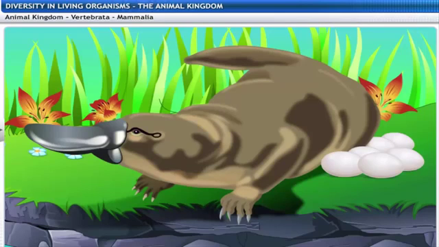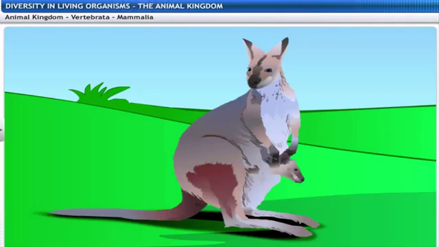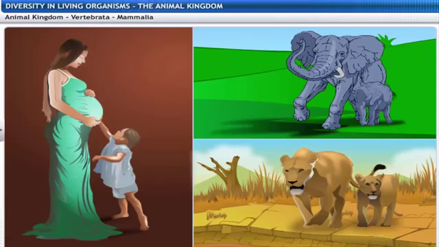Mammals like platypus lay eggs. Mammals like kangaroos give birth to underdeveloped young ones that are carried in their mother's abdominal pouch. Mammals like humans, elephants, and lions produce live offspring.